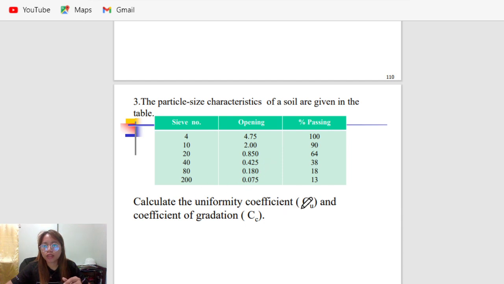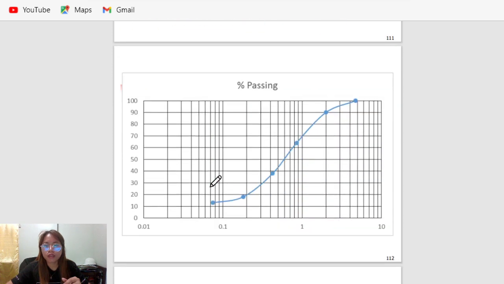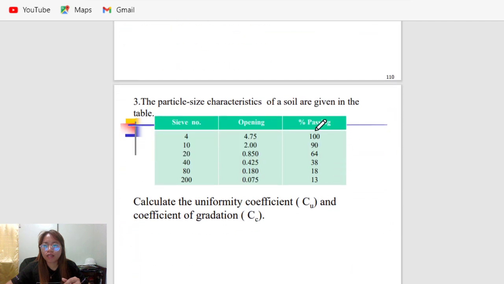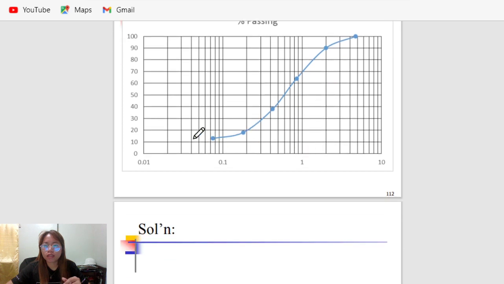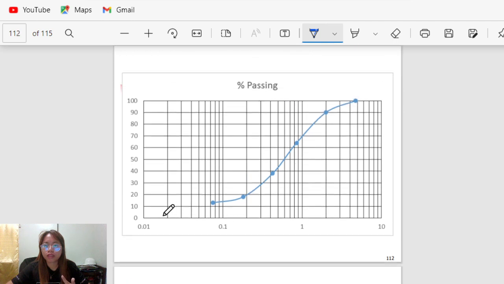Calculate the uniformity coefficient C sub U and the coefficient of curvature C sub C. So from here, the percent passing and the opening go to this curve. This one is lower to higher in its curve, as arranged on the x-axis, lower values of grain size diameter to higher values of grain size diameter. That is why it looks like this, no?